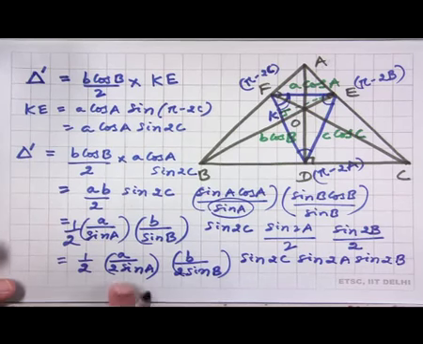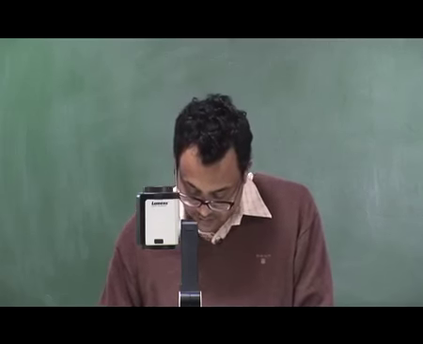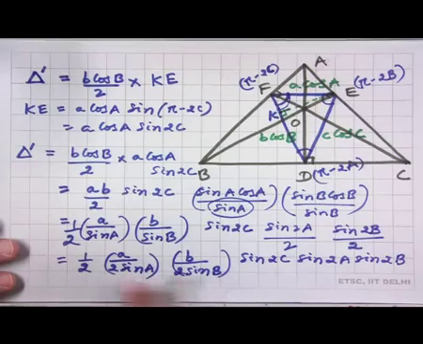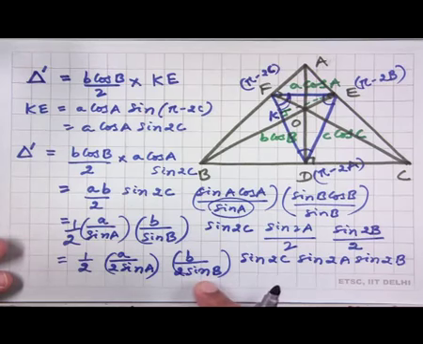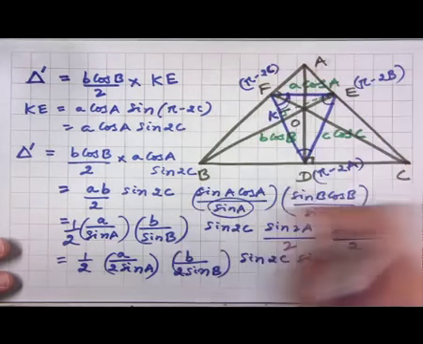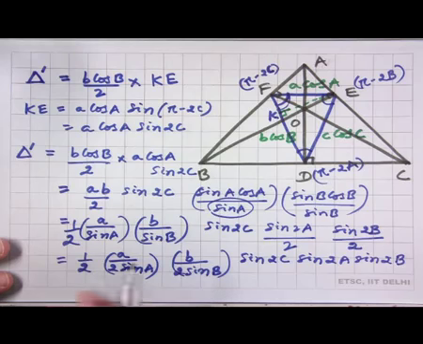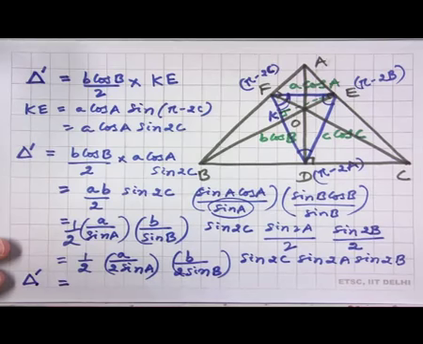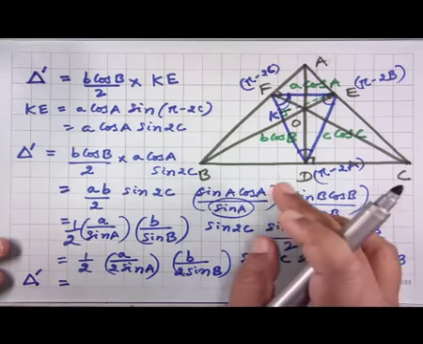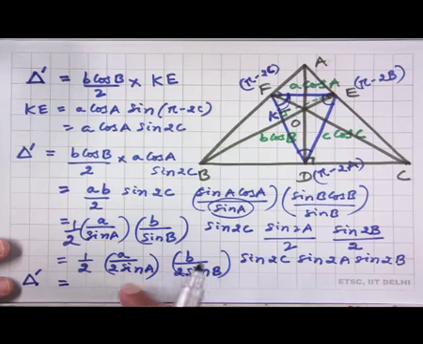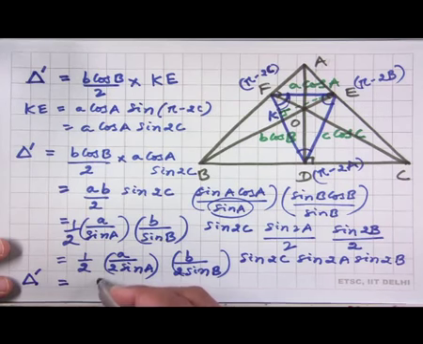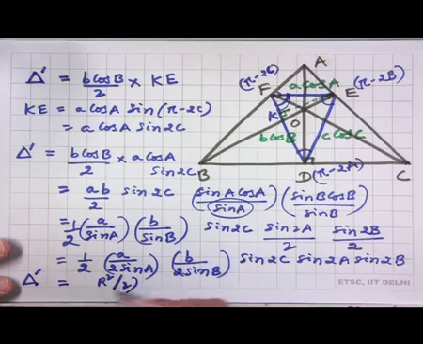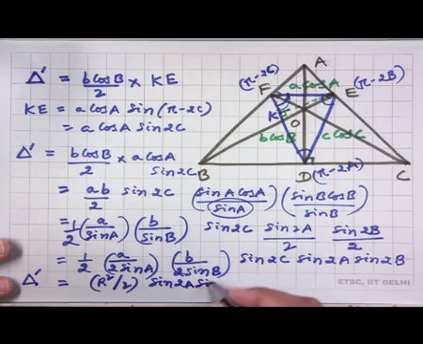But we already know from previous lectures that both these terms are nothing but equal to the circumradius of this triangle ABC, which is R, and therefore, finally what we have is that the area delta prime of the petal triangle of the triangle ABC is given by R times R, R square, over 2 times sine 2A sine 2B times sine 2C.